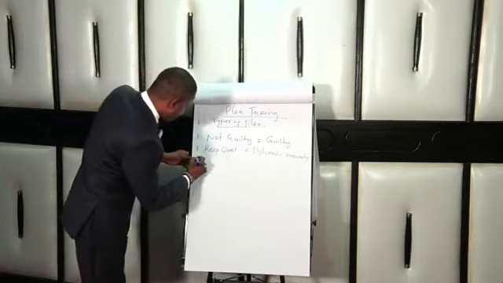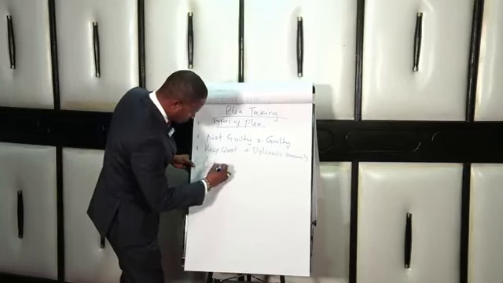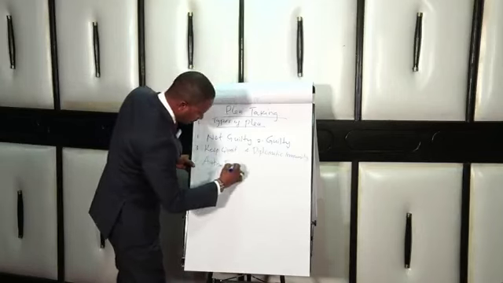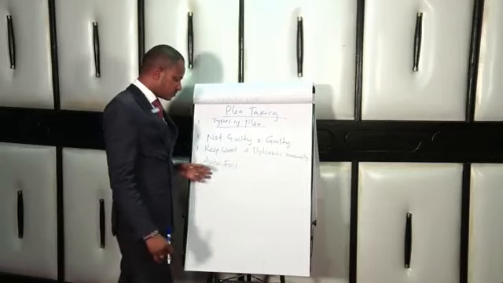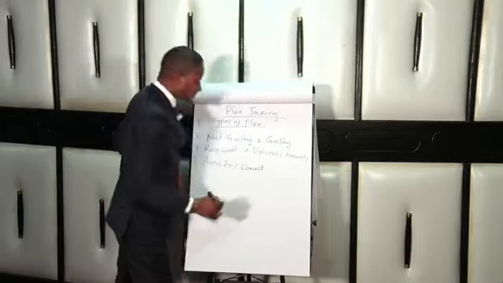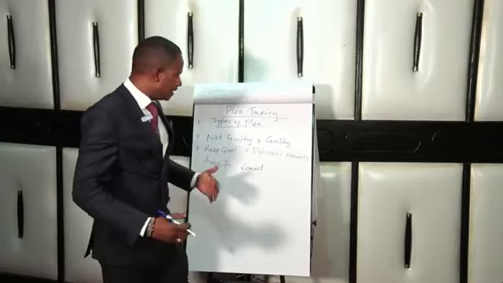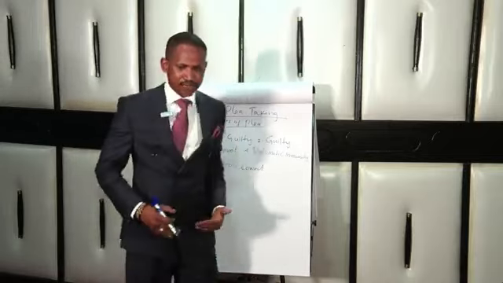Number 5, there's a plea of autrefois. This is a French word. Autrefois convict. You can say that I had been convicted over this matter, therefore it should not be brought here. The court had dealt with it.